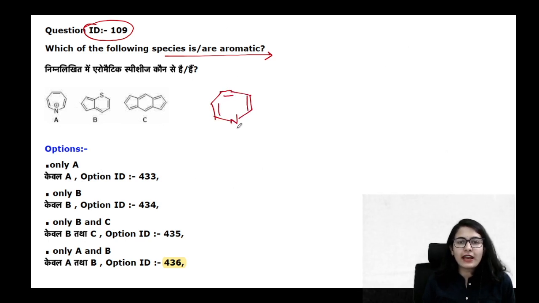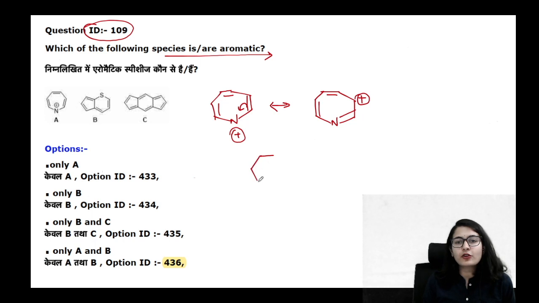It is not like pyridine. There is no third bond. So I can have a positive charge on nitrogen. This is just going to be like tropylium cation, and you are having only 6 pi electrons to delocalize. Okay. So one of the resonating structures is going to be like this. Okay, positive charge over here.